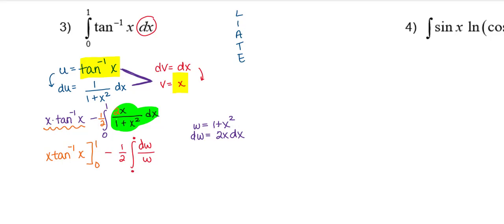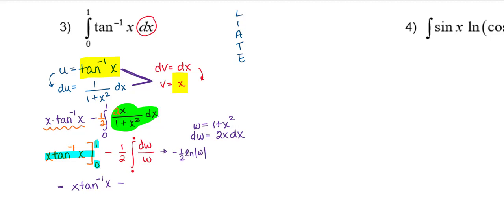I do have bounds here. If you would like to change them, you can. One reason that I might not change them is because I also have to put my 1 and 0 into that first part, so I'll do that all at the same time. So what I really do have is x times inverse tangent of x, and then this antiderivative will become minus 1/2 natural log of w.